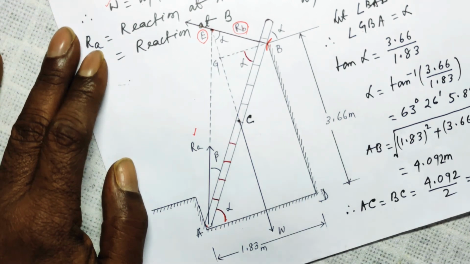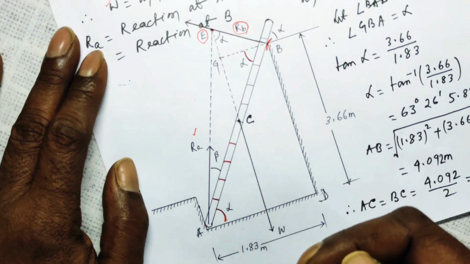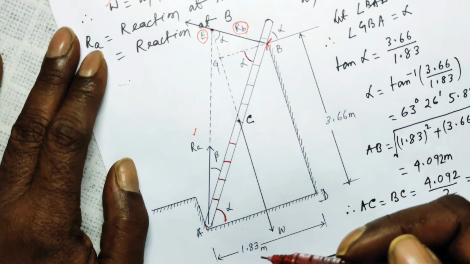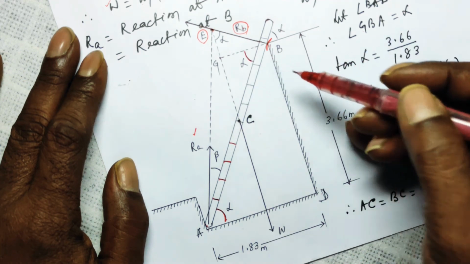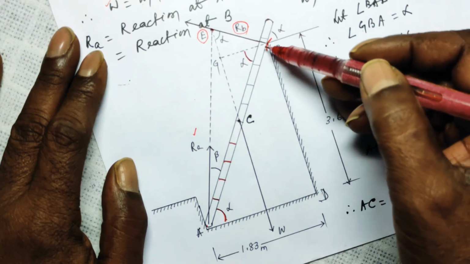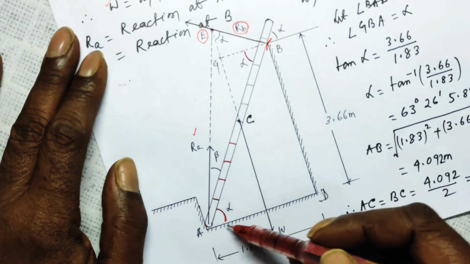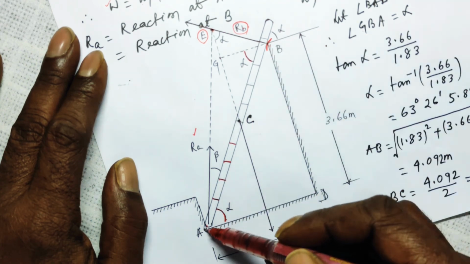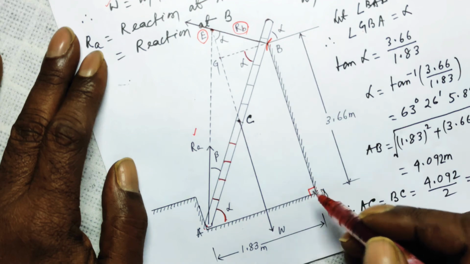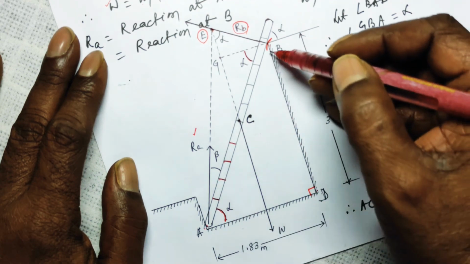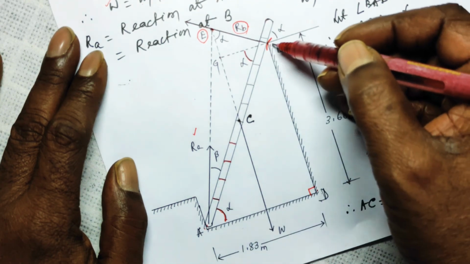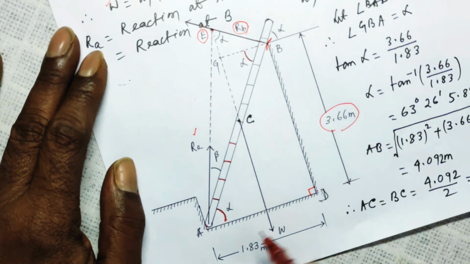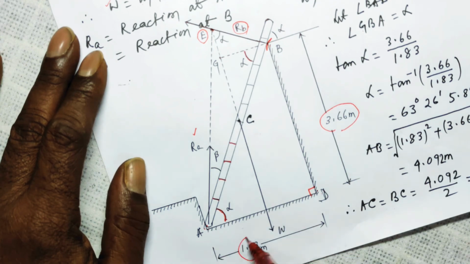Now you can find out tan alpha. In this triangle BAD, right angled at D, tan of alpha will be perpendicular BD over AD, and the values of BD and AD are given.